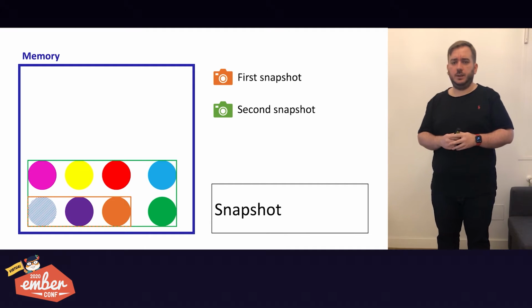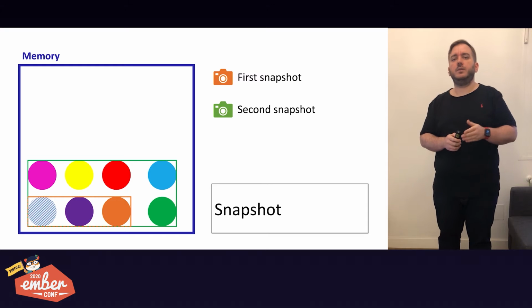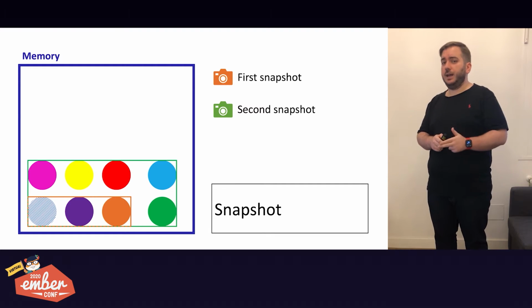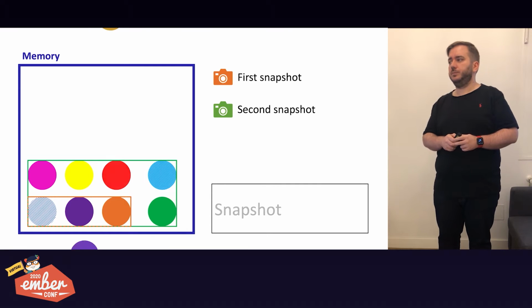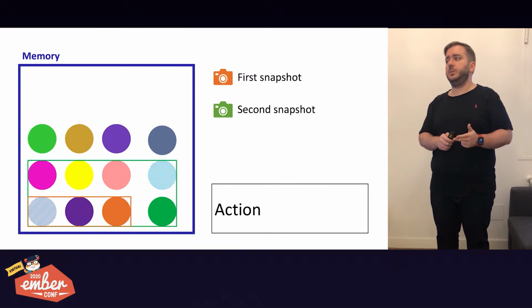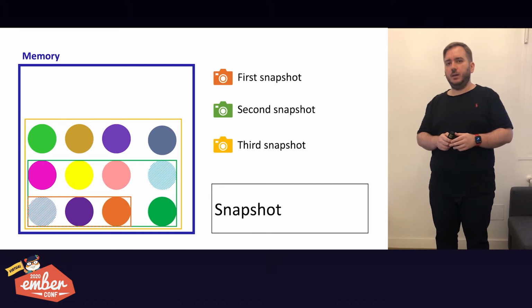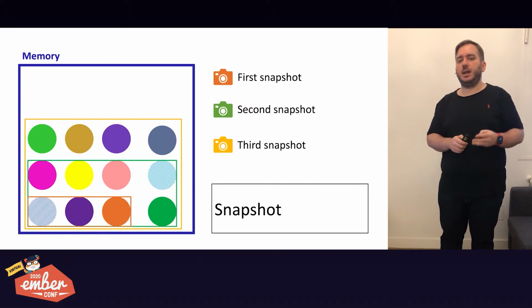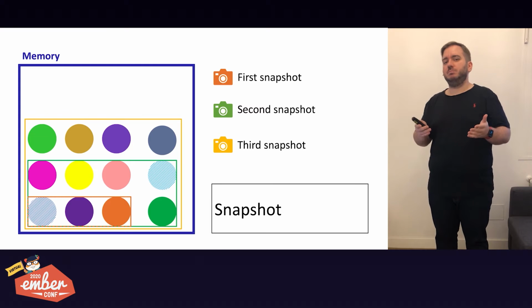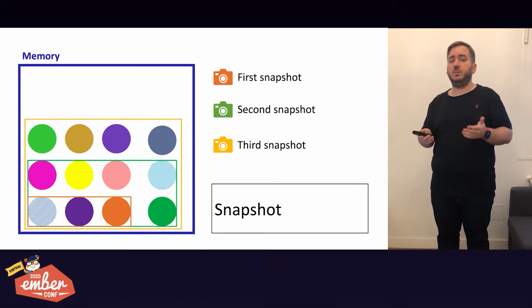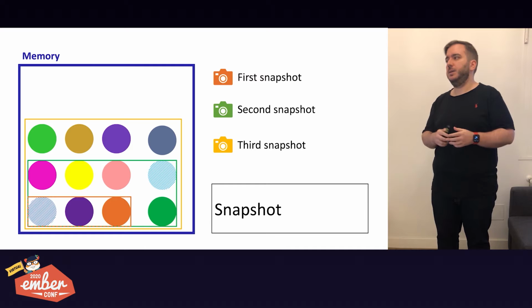For example, the one in the bottom left corner is marked for recollection. Then we repeat the action and we do a third snapshot. Okay, now we have 3 snapshots. As you might have suspected, because it's called the 3-snapshot technique.